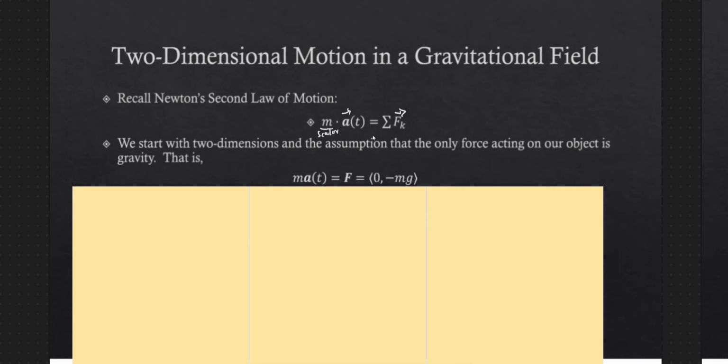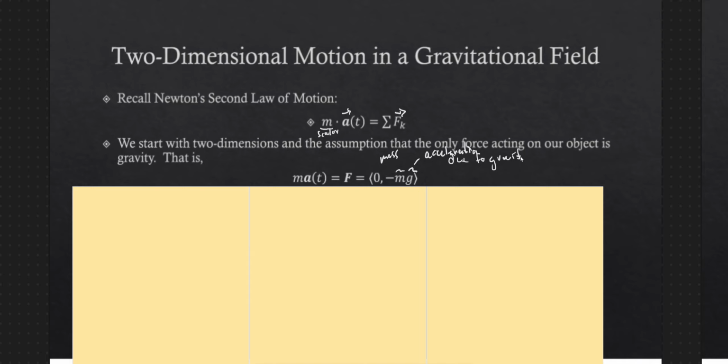So with F equals ma, Newton's second law, this tells us how to get a hold of acceleration. It relates it to the forces acting on the object, and the forces acting on it we know. So F here, our force acting on the object, will be 0 and then minus mg, where m is the mass of the object, multiplied by g, the acceleration due to gravity.